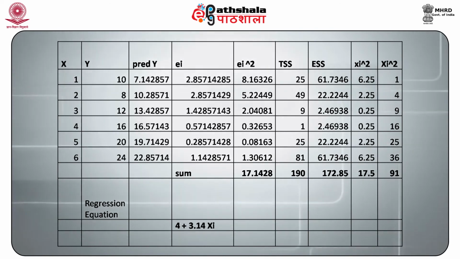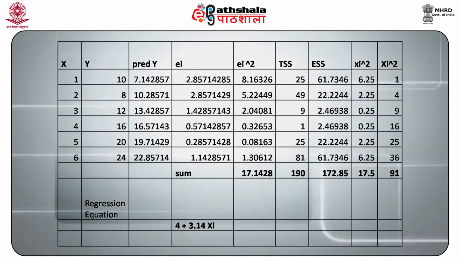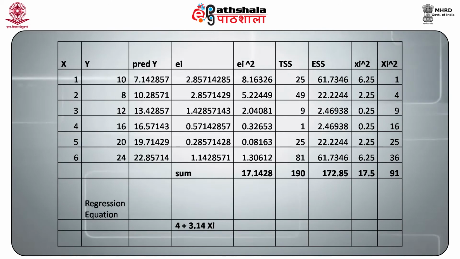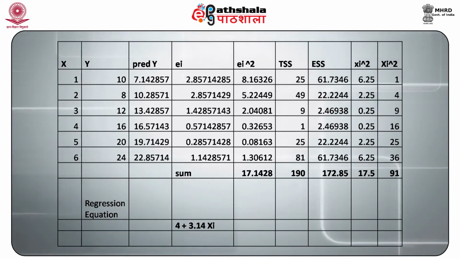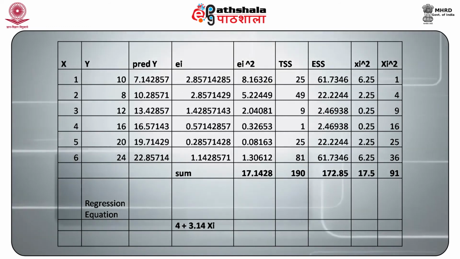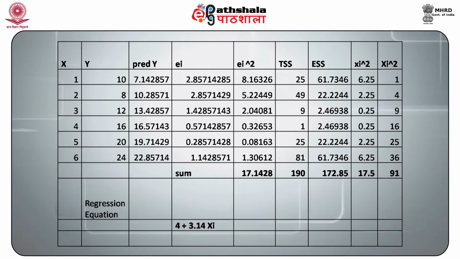If you add them together, in the last row, after the sixth row, which is the seventh row in a way, you get 17.1428. Similarly, we can find the total sum of the squares, TSS, and the sum total is equal to 190.